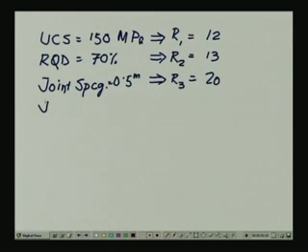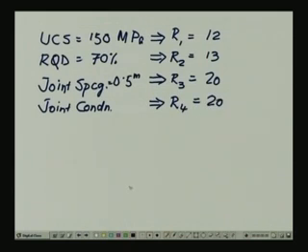Joint condition will give us an R4 of 20.